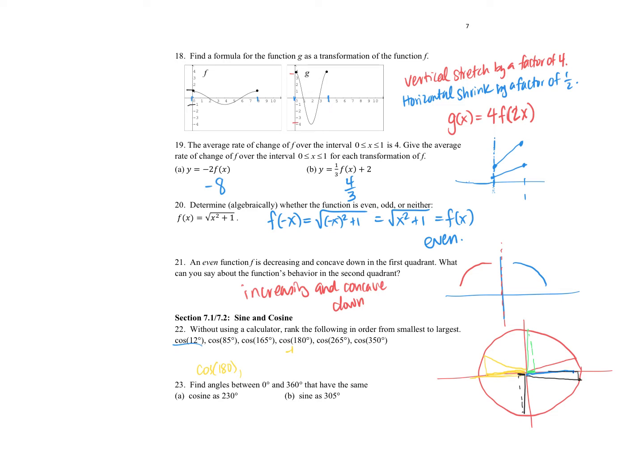So cosine 180, then cosine 165, this negative distance. Then we'll have cosine of 265. Okay, and then let's do the positive ones. That green one was cosine 85. I should color code this.